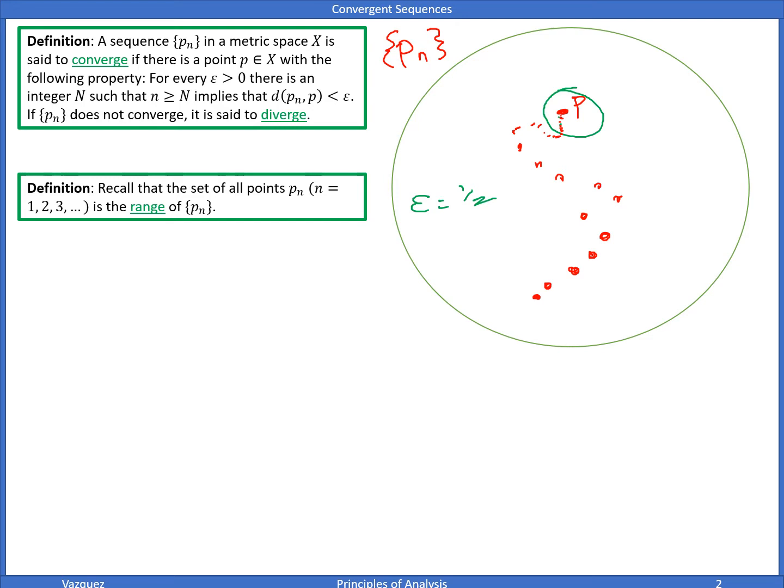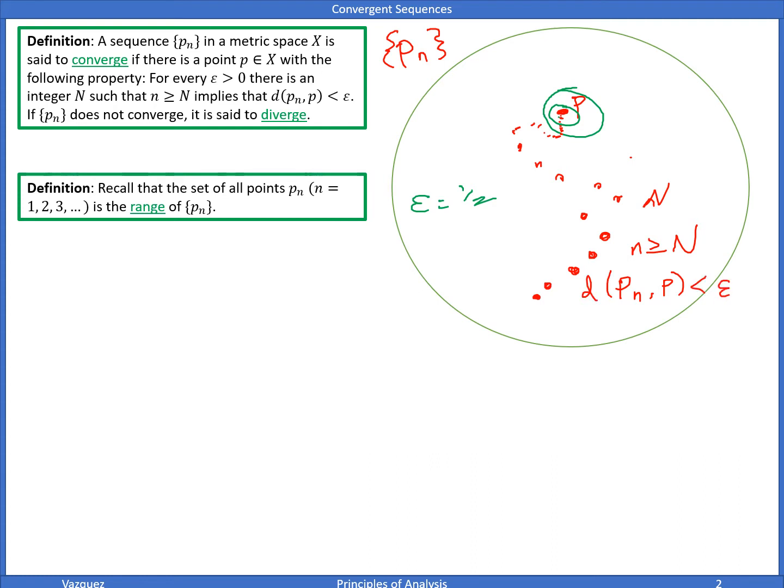So if there's always a big N, no matter how small we make epsilon, such that if little n is greater than or equal to big N, then the distance between P_n and P is less than epsilon, that's what the convergence means.